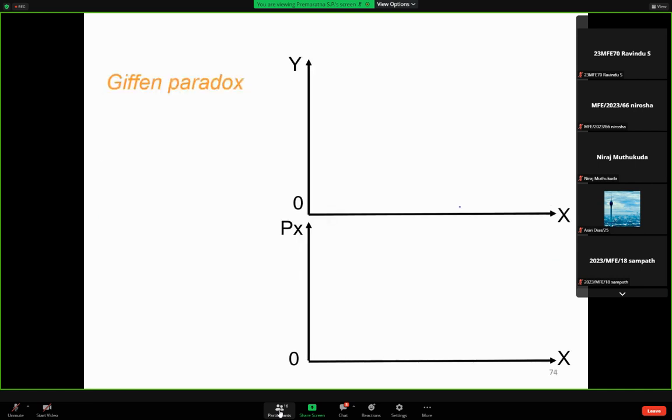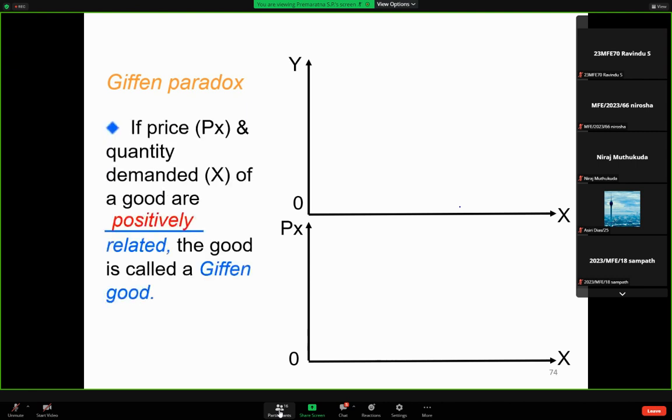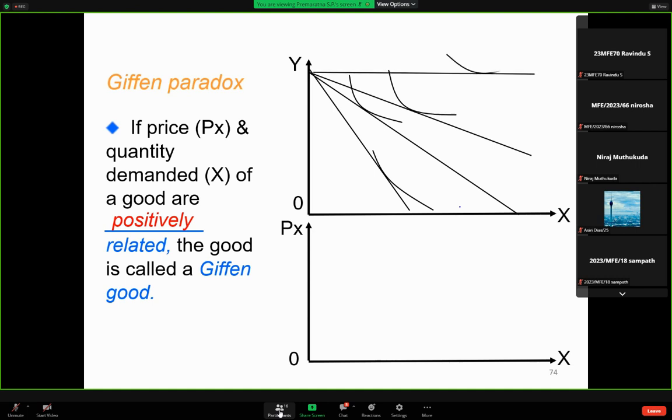And the Giffen good, we call the Giffen paradox. The price consumption curve we get like this: the price goes down, the price reduces.